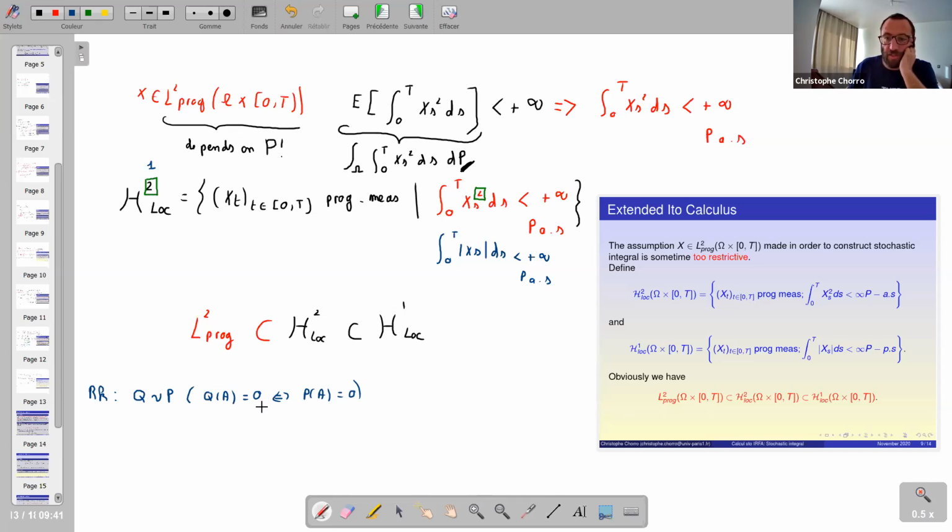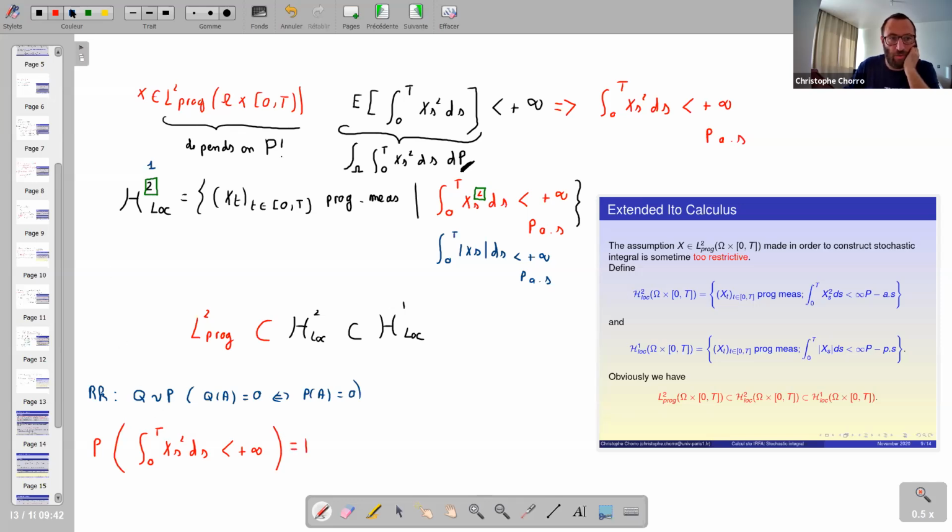So it means also that if I have a set of probability 1 for Q, it will be the same for P. And what is interesting is that this condition in the definition, for example, of H2 log, the integral being finite P almost surely, means that the probability that it is finite is equal to 1.